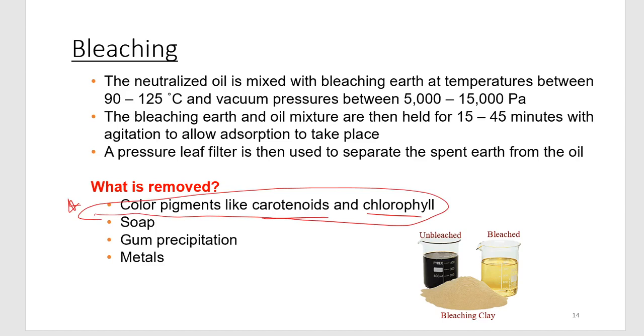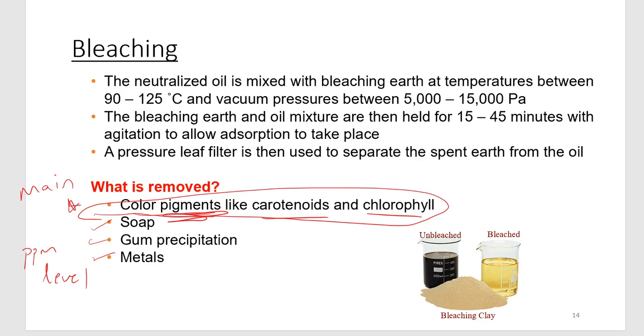But we still have some soap, gum precipitation, and maybe some metals from the previous refining step. Maybe very little, again ppm level. They can also be removed during the bleaching step, but the pigments are the main impurity we remove. That's why it's called bleaching.